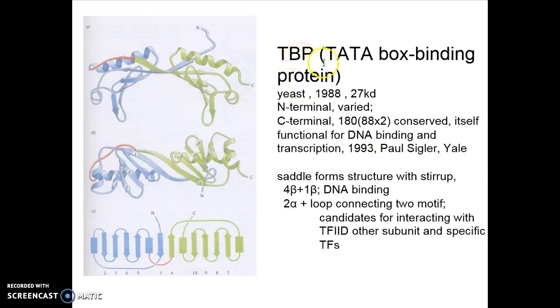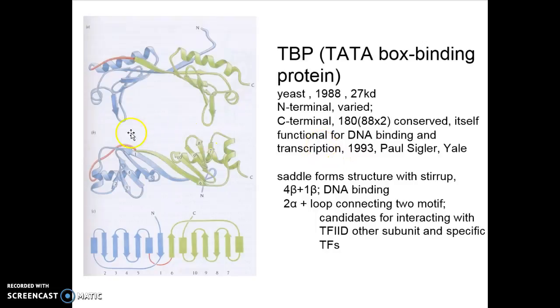Yeast TBP is 27 kilodaltons and has two domains. The C-terminal is composed of two domains and is highly conserved. The C-terminal itself could be functional for DNA binding and transcription.